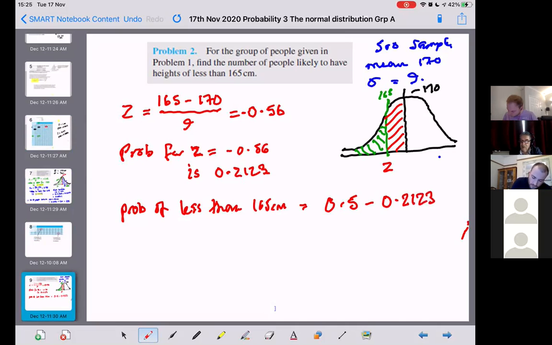So we're taking the red bit away from the whole area of the left-hand side, equals 0.2877.